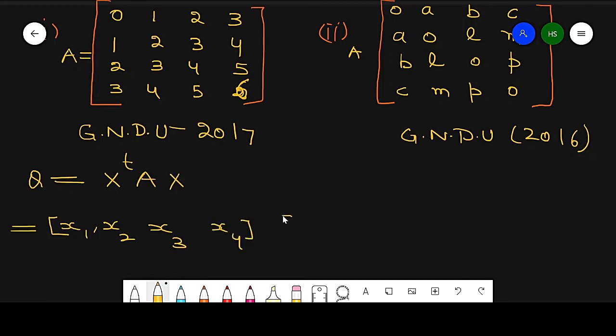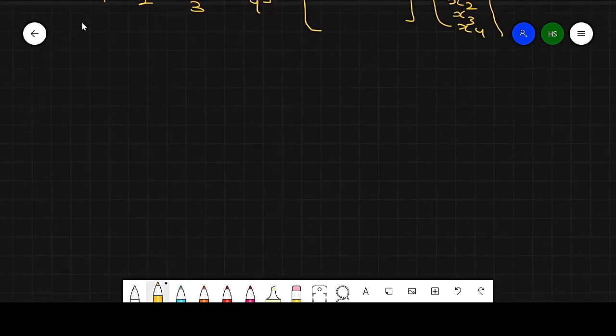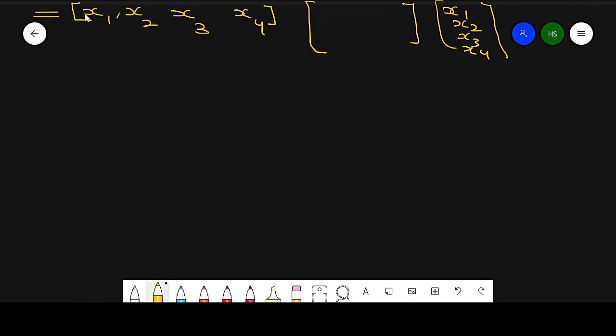Then write the matrix A, again X1, X2, X3 and X4. Now simplify by multiplying these matrices, and we get the result of the quadratic form. In this way, we can find the quadratic form from the symmetric matrices.